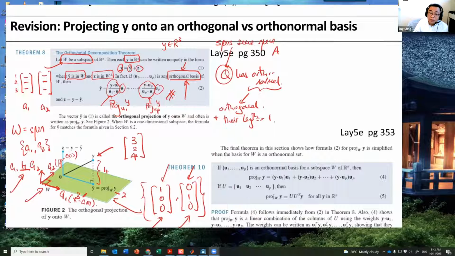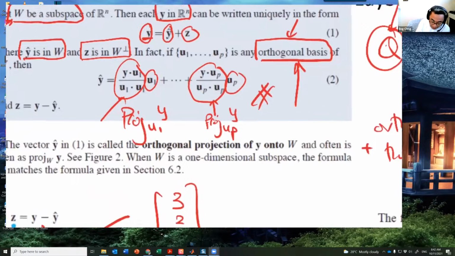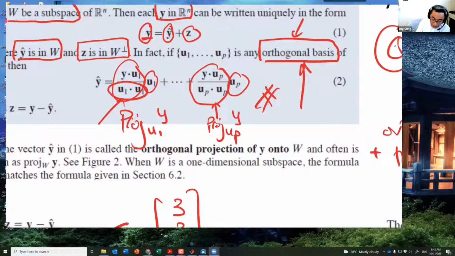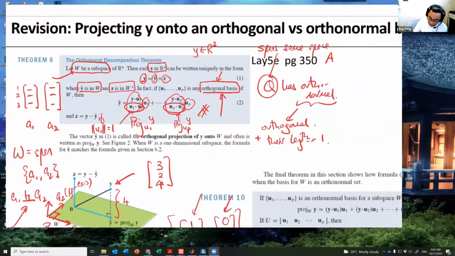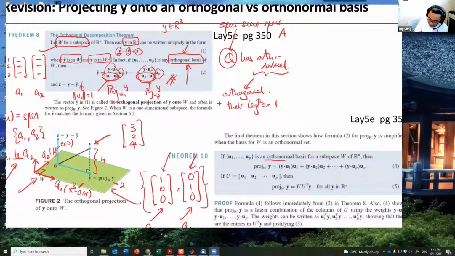Once we have an orthogonal basis, we realize that this equation is not so nice here in the bottom, because in the bottom you can see u1.u1 and up.up. Now if the length of u1 equals 1, then u1.u1 is 1. So it reduces from orthogonal decomposition to something called orthonormal basis, orthonormal decomposition.